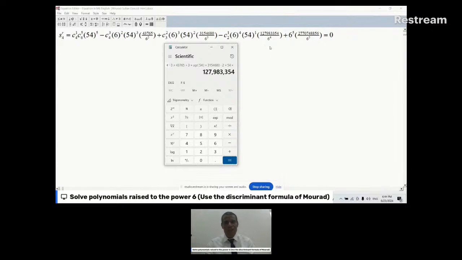Plus 6 raised to the power 5 times 2,770 million 748,856 divided by 6 raised to the power 5. Do you see this? 6 to the 5 over 6 to the 5 will be 1.